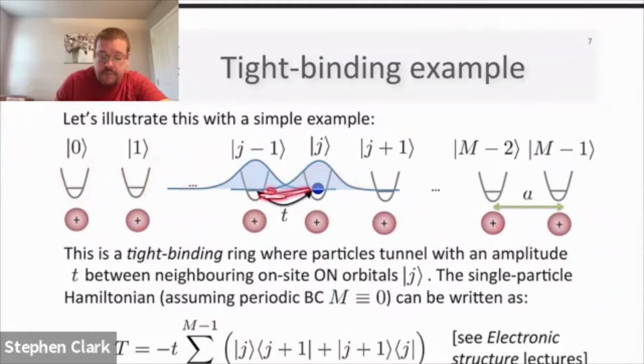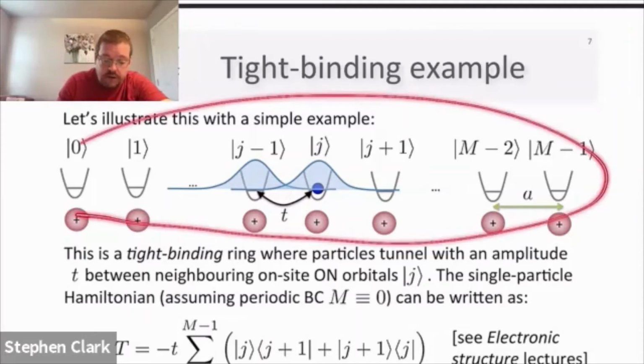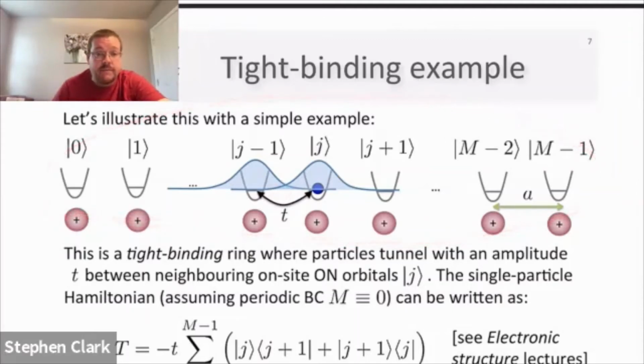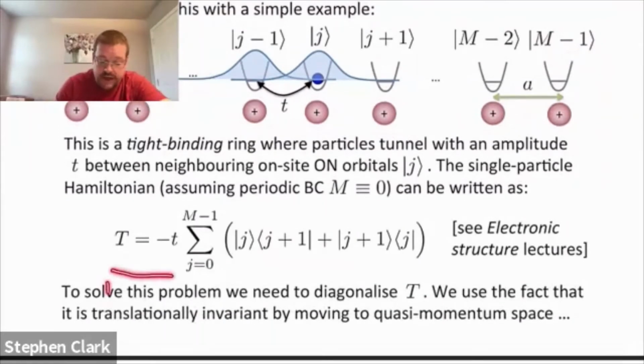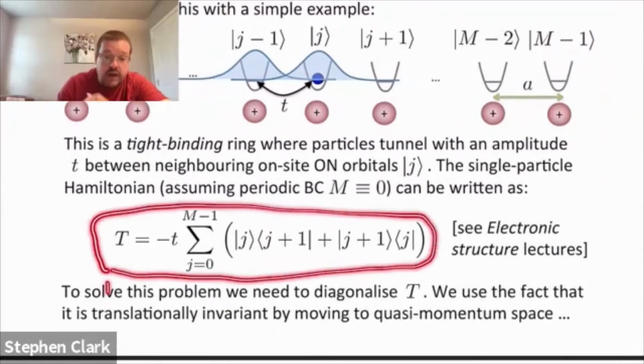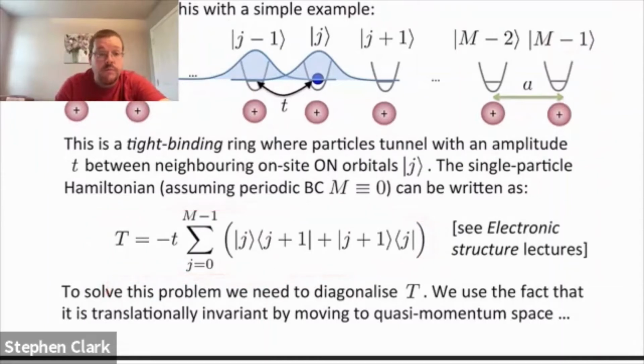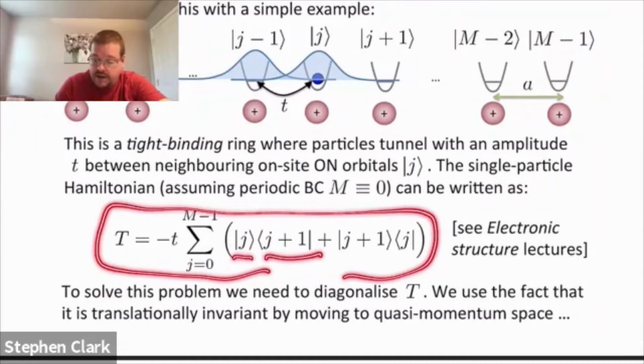So there's some hopping matrix element between them. So we basically have a 1D tight-binding lattice that we imagine has periodic boundary conditions wrapped around with some finite number of lattice sites, which I've chosen to be 0 to M minus 1. M is the number of lattice sites. You could write that Hamiltonian in single particle first quantized form in terms of single particle states. You could write it as this.